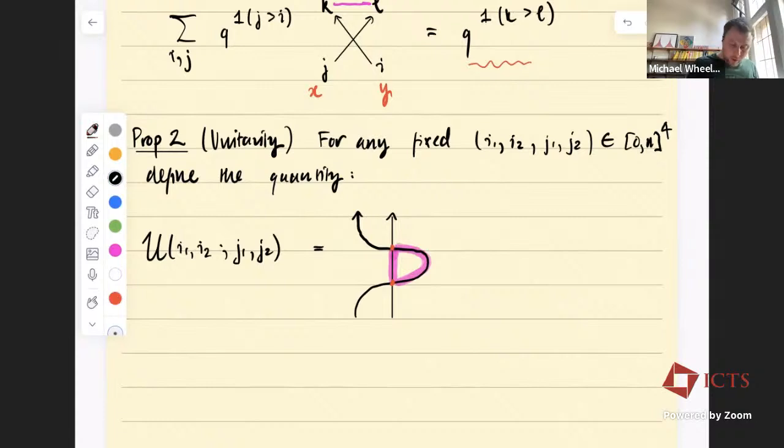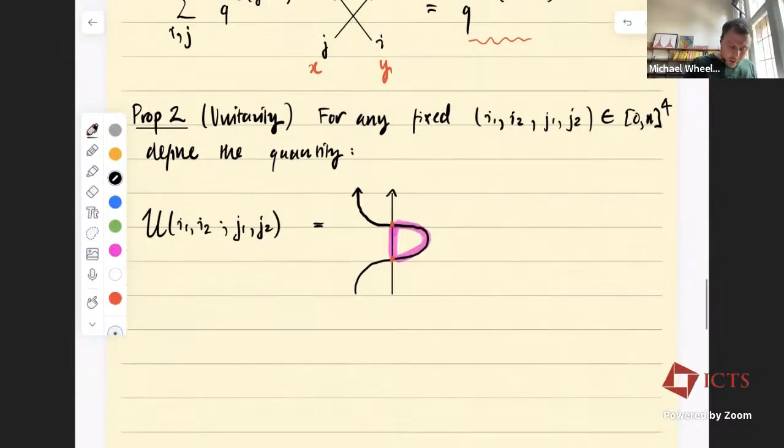Okay, so let's complete the picture. I'll put I1, I2, and J1, J2. And I'll also need 2 parameters, x and y, which are my usual spectral parameters. So this is our quantity. Hopefully the definition is clear.